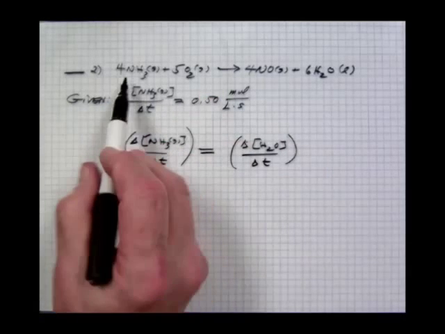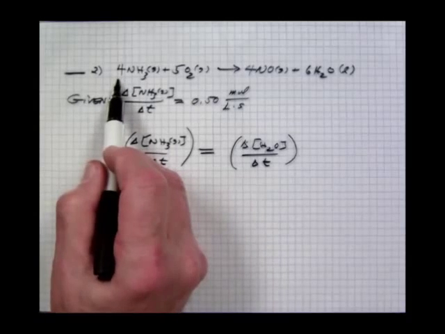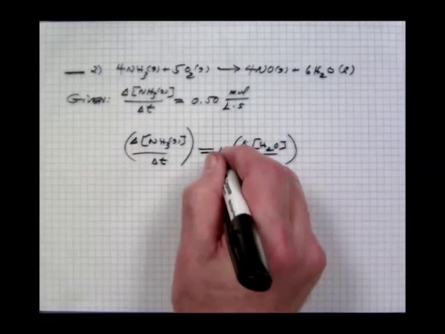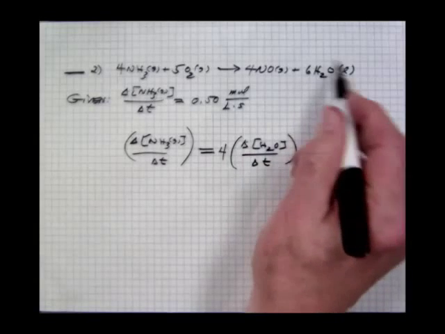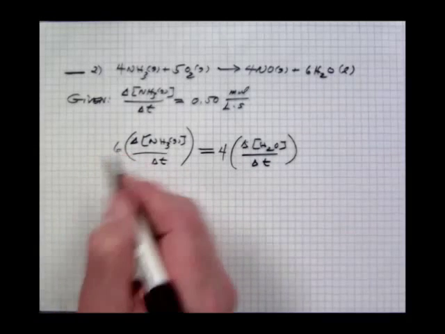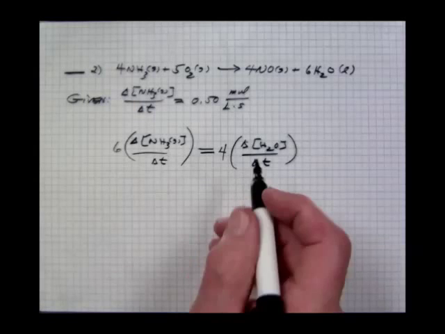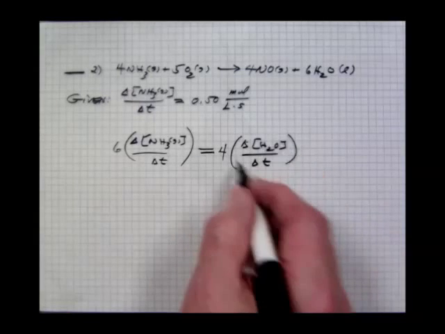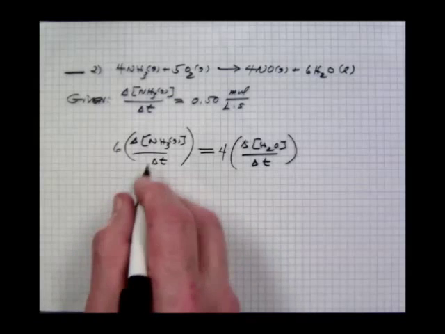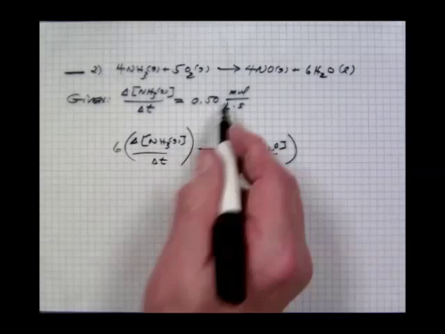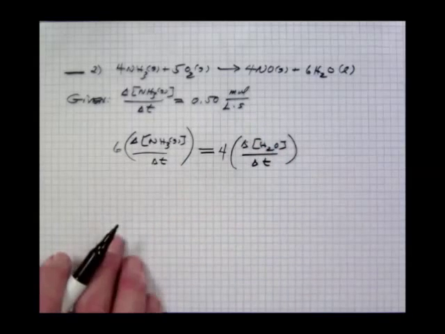And if the coefficient for ammonia is 4, you can put it over here with water. And if the coefficient for water is 6, you can put it over here with ammonia. Now you have a linear equation and one unknown. Okay, and you solve for the unknown. The question is, what is water? And you're given the 0.5 mole per liter per second, which you put in there.